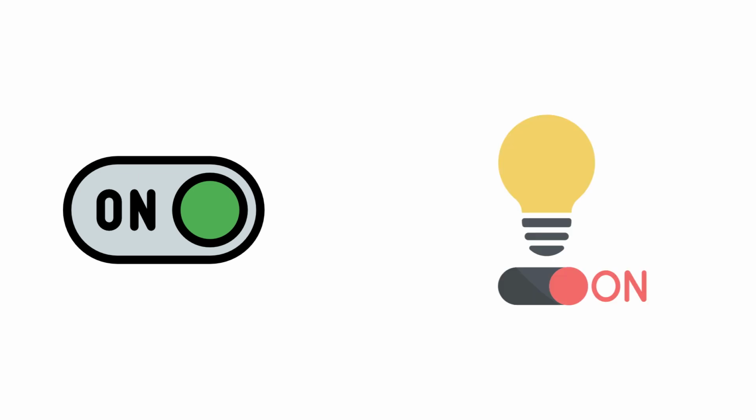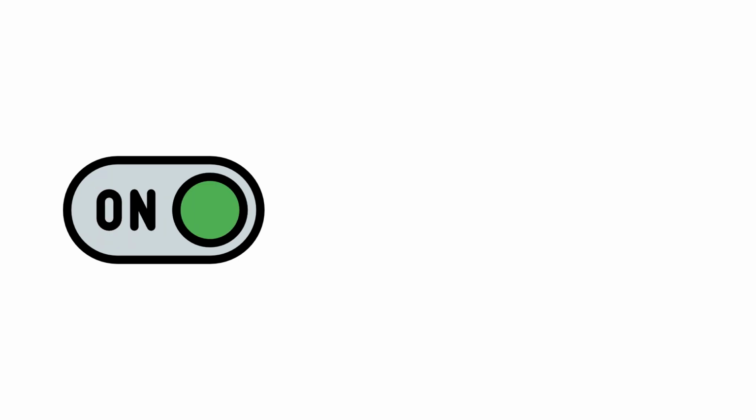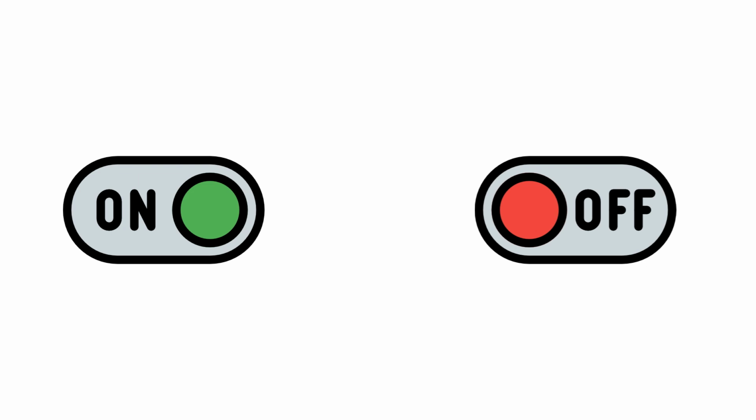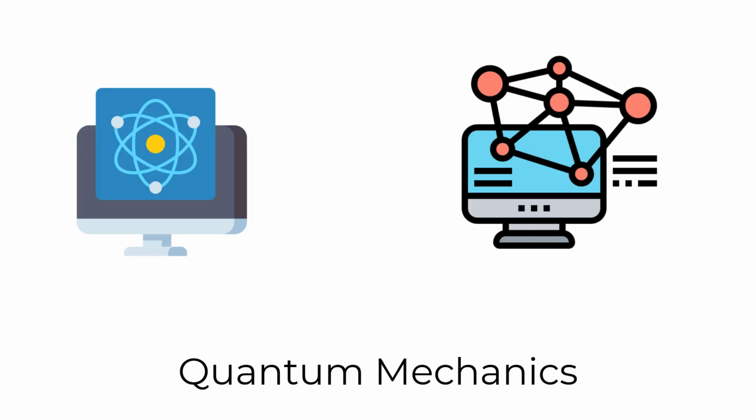If you press the switch, the light turns on. If you press the switch again, the light turns off. So it is either 0 or 1, that is, either the light is turned on or turned off. This is how classical computers work, and usually 0 indicates 0 volt and 1 indicates 5 volt, that is, the current is passing. Now let's try to understand quantum computers.